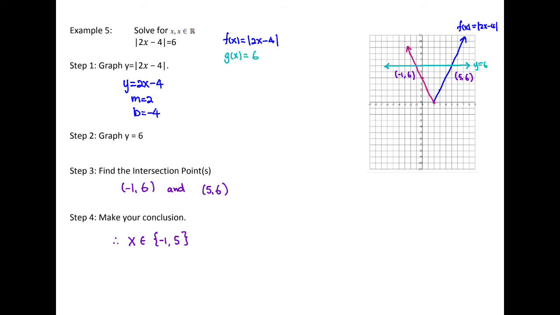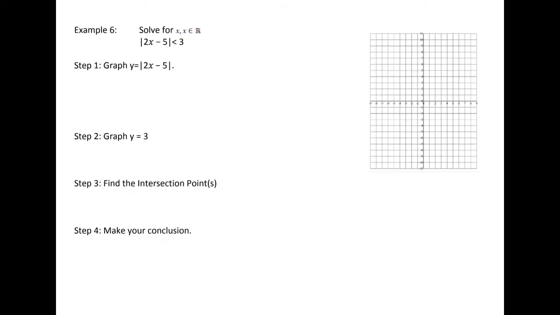Example 6. Once again, we're looking for the x values such that the y values of the absolute function are smaller than 3. Step 1, we have to graph the absolute function, |2x minus 5|. Before we can do that, we have to graph the function inside the absolute value sign, which is y equals 2x minus 5.